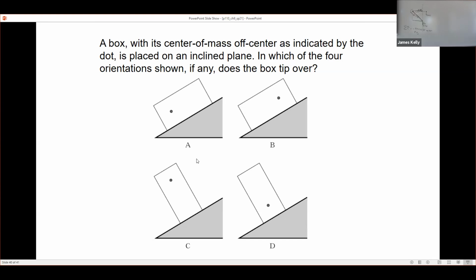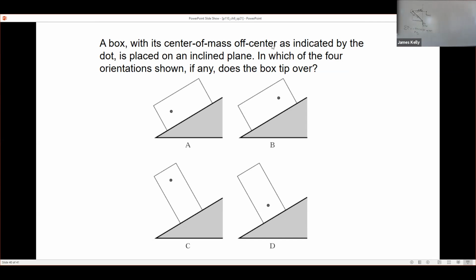If gravity pushes more in that direction, the plane just pushes back harder. But what the plane can't do is pull back in that direction, right? If gravity is trying to tip it around in that direction, the plane has no mechanism to hold it back unless it's glued on the plane somehow. Presumably, it's just resting there.